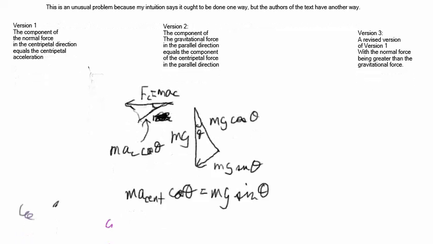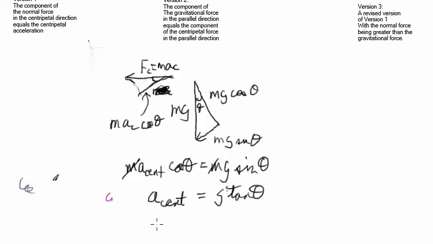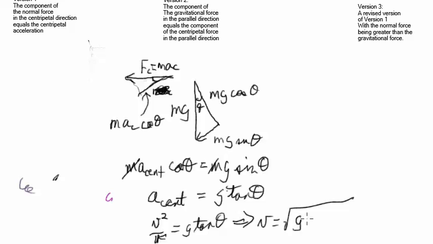When they work that out, they cancel out the mass, and they get a centripetal equals g sine theta over cosine theta, or g tangent theta. If you wanted to solve that for v, you would take v squared over r equals g tangent theta, so v equals the square root of g r tangent theta.